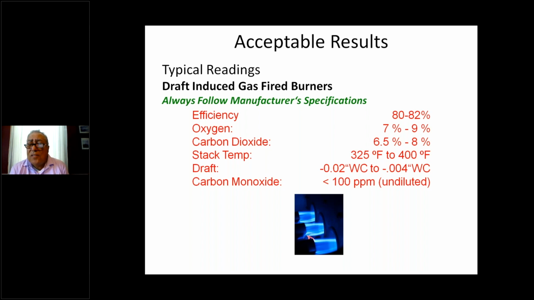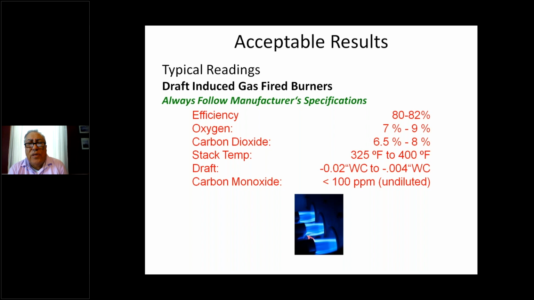And I'll answer this question before it gets asked, and it probably will get asked. What's the difference between diluted and undiluted? Diluted is when you have a boiler or a furnace with a boiler with leaks between the sections. You're diluting your sample. You're bringing in excess air.